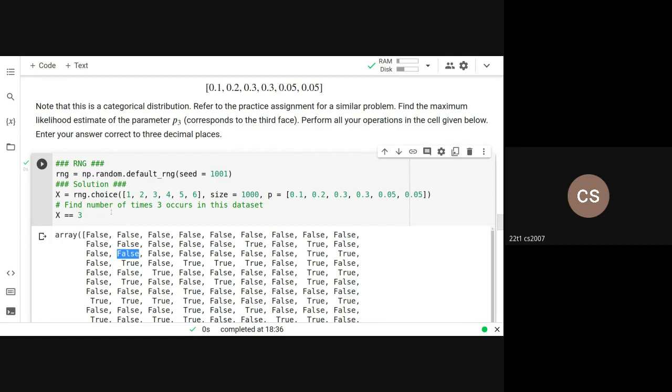Okay, so do you get what x double equal to 3 does? It gives you back an array of the same shape as x, but instead of giving you the numbers in x, it tells you if 3 is present in that position or not.